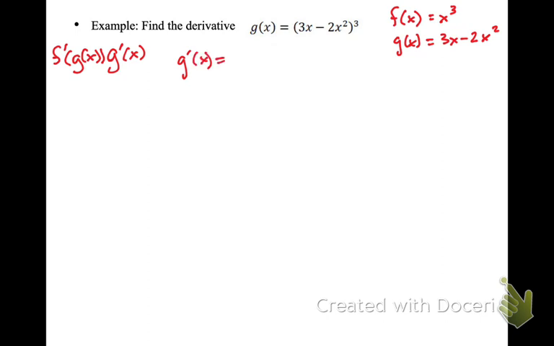Okay, so what is the derivative of x cubed? 3x squared. Okay. What goes in here? Just g. So the 3x minus 2x squared times the derivative of the inside.